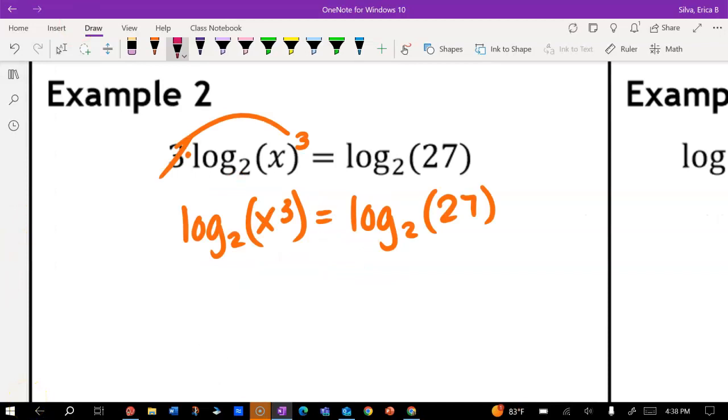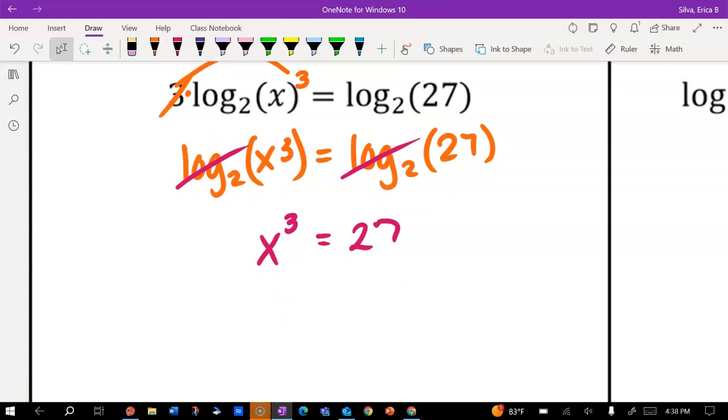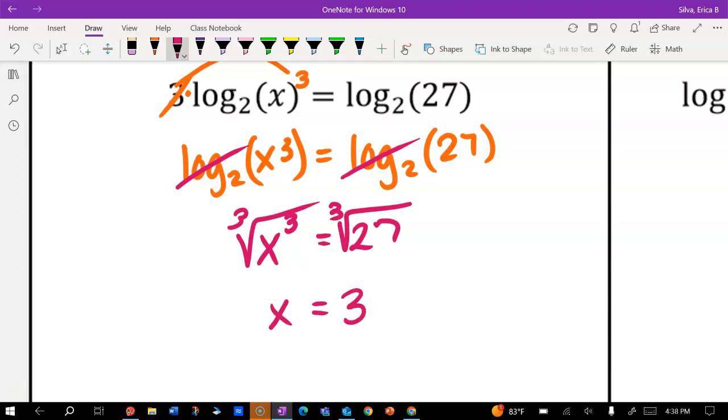Okay, so now that we have the logs the same, we can set the arguments equal to each other. So for this one, it's cubed, so we do the cube root to solve for x. And the cube root of 27 is equal to 3.